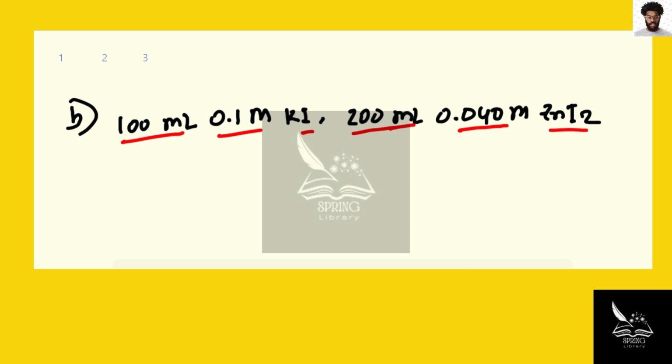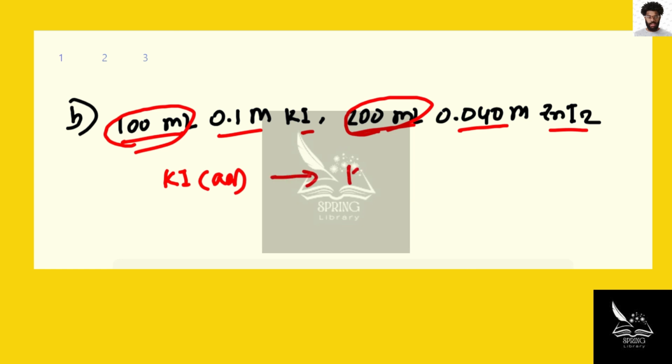And while comparing the iodide concentration, we can ignore this volume data, so we don't need to consider the volumes here. We just have to find out how these compounds will be dissociated, and from there we'll be able to predict the concentration of the iodide ions in each one.